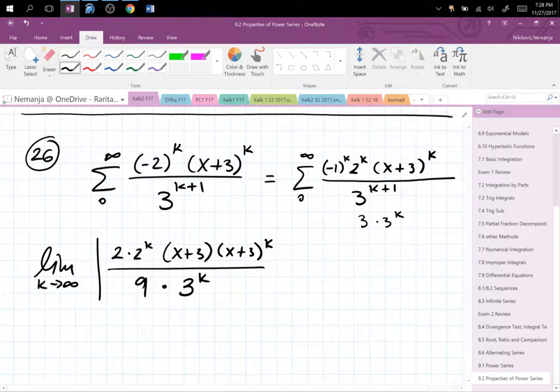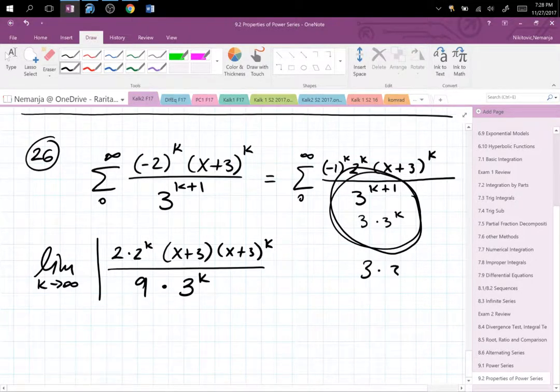Do we all understand this part? Yeah. And that is the original state, 3 times 3 to the k. When I make this 3 to the k plus 1, another 3 drops in front. 3 times 3 is 9.